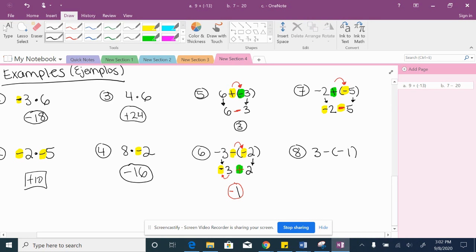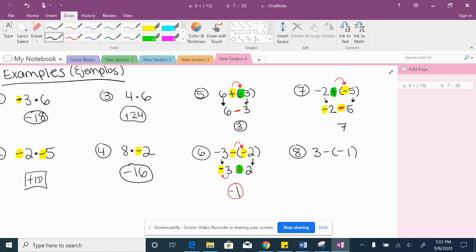When we have the same signs, cuando tenemos los signos mismos, we have to add. Tenemos que sumar. 2 plus 5 is 7. 2 más 5 son 7. Always keep the sign of the bigger number.